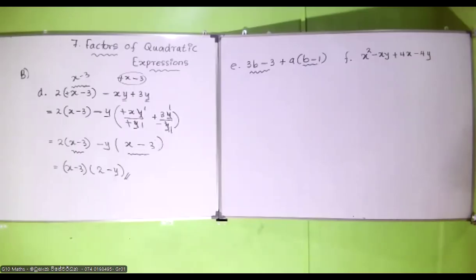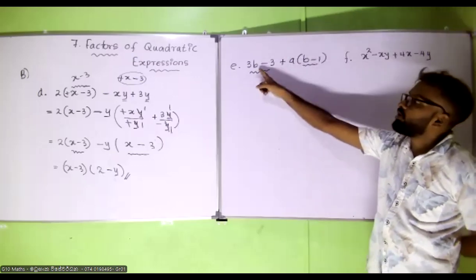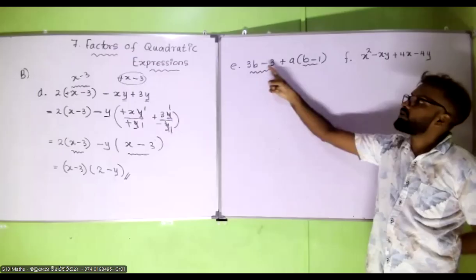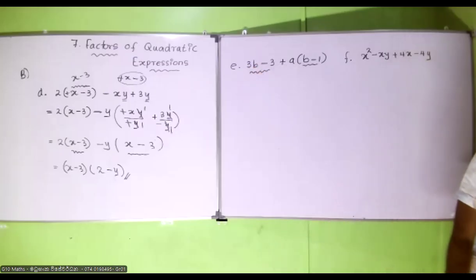I will give you 2 minutes. Here no need to take negative thing out because here we have b minus 1. You have to just take the common term out. Now think about what I should do in order to make b minus 1.